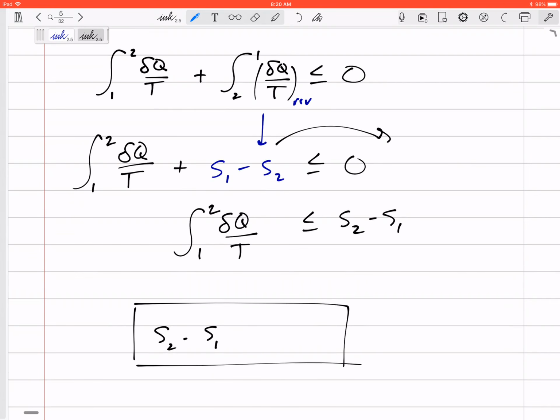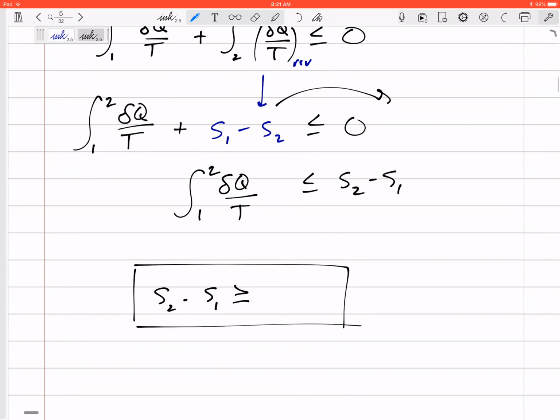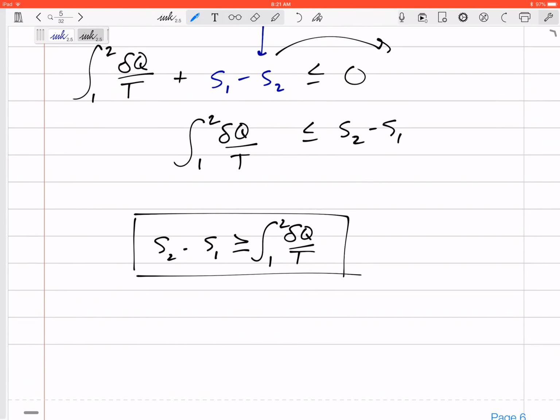I'm just going to rewrite this, swap these directions. So we've got a new equation that the change in entropy, the S2 minus S1, the entropy at state 2 minus the entropy at state 1, is greater than or equal to the integral from 1 to 2 of delta Q over T.